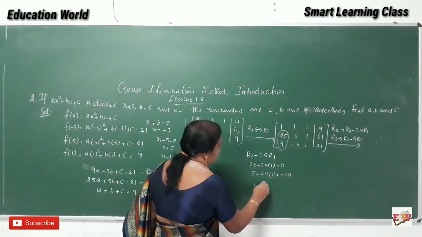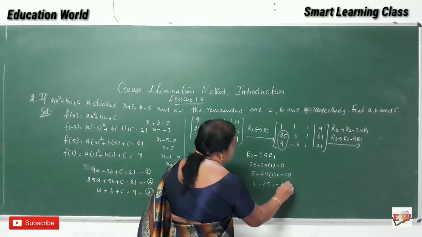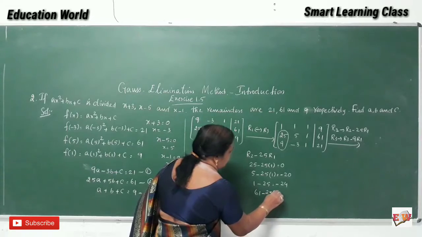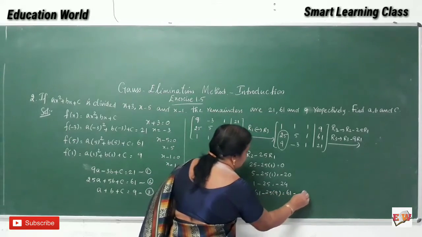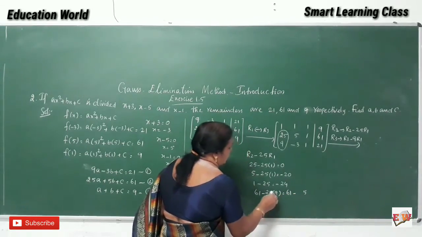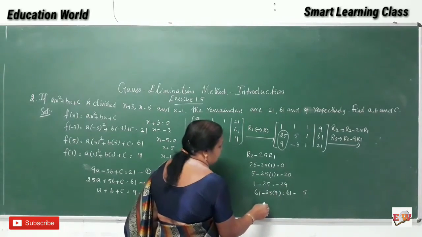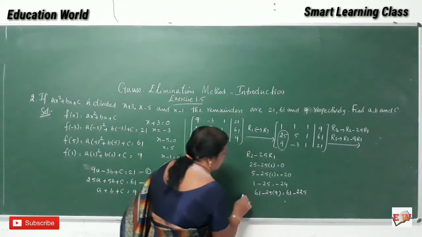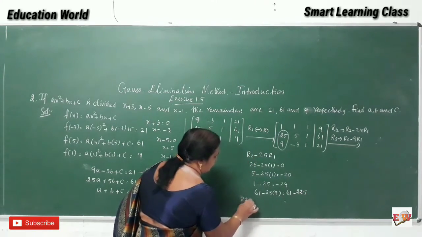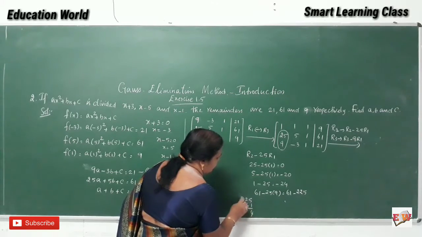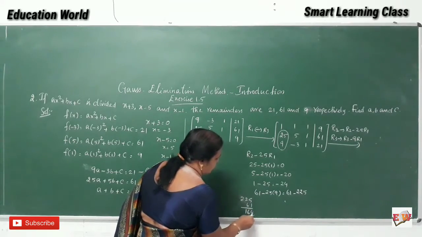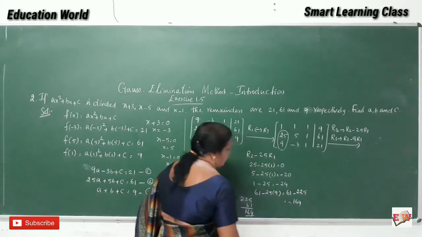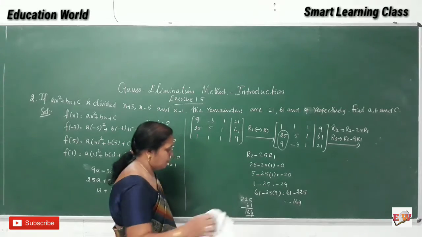Next one, 1 minus 25 is minus 24. 61 minus 25 into 9: 25 into 9 is 225, 61 minus 225 is minus 164.